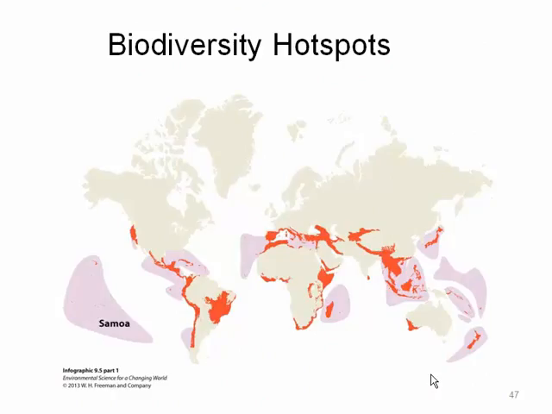If you look at a map of the biodiversity hotspots on the planet in your textbook, you'll find that they are mostly in the tropical regions, which is not surprising given the large numbers of species that can occur with ample moisture and plenty of warmth and solar radiation.